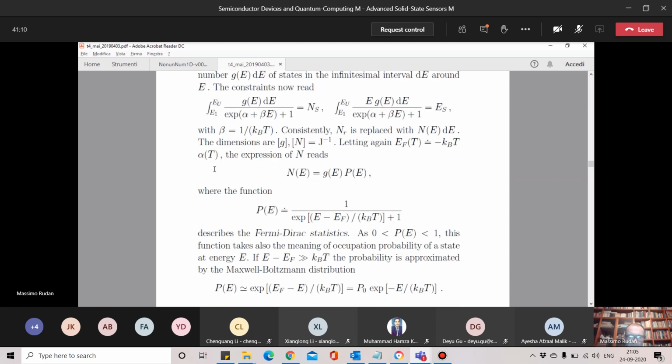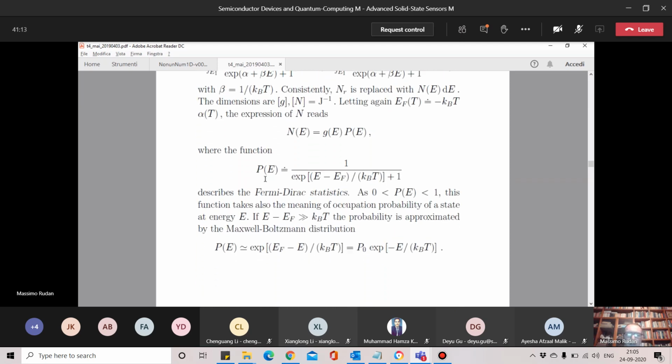Okay, the expression of interest is this one. The calculation, following the placement of the electrons in the available energy states, fulfilling the constraint that the total number is conserved, that the electrons are indistinguishable from each other, and that they fulfill the Pauli principle, provides a statistical distribution that has the expression shown here.